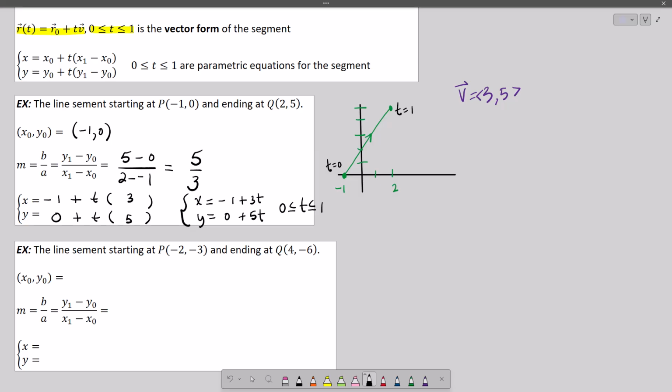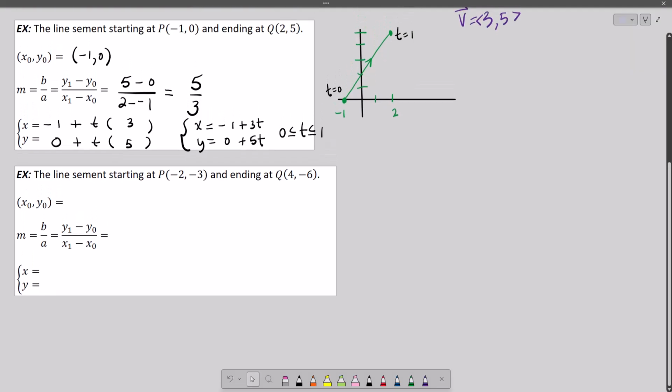So those are what they look like in their worst looking form. But all it is is the initial point, and you add the change in x times t and the change in y times t. That's it. And we've seen already that change in y over change in x is our slope. That's the change in y, that's the change in x, so the slope goes there, and we have our parametric equations.